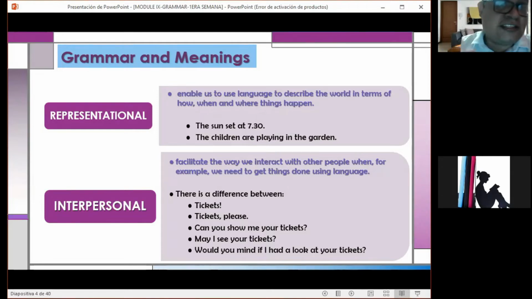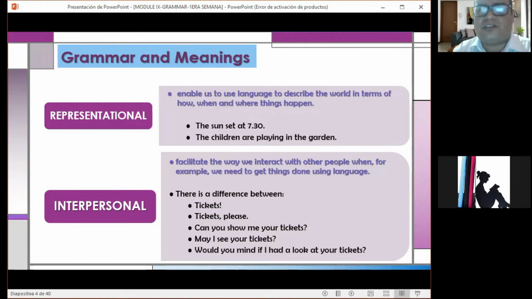Don't forget it. With grammar, we could have two kinds of meanings, representational and interpersonal. Representational, we use it to describe the world, the things that happen or are happening around us, to give facts, to give information. Interpersonal, we use these structures, these meanings, to interact with people.